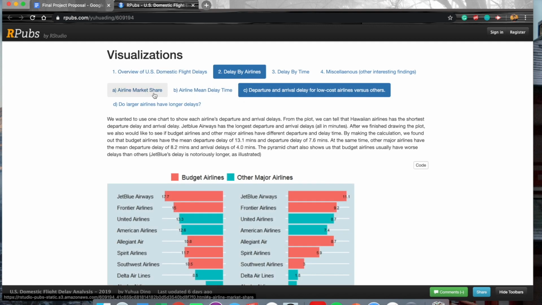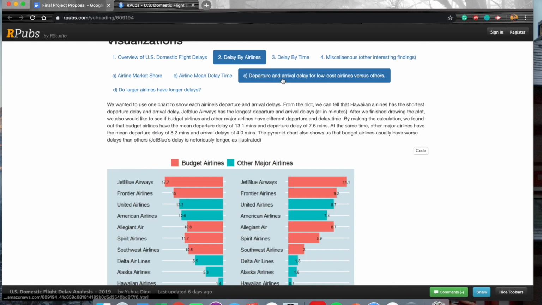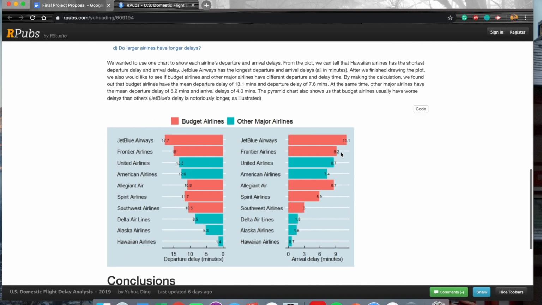And if we look at delay by airlines, we first will do some market share distribution. That's a simple illustration of market share breakdown for commercial airlines. Airlines like Southwest Airlines occupy around 20% of the aviation market share, while small regional airlines like Hawaiian only occupy less than 5% market share in total.